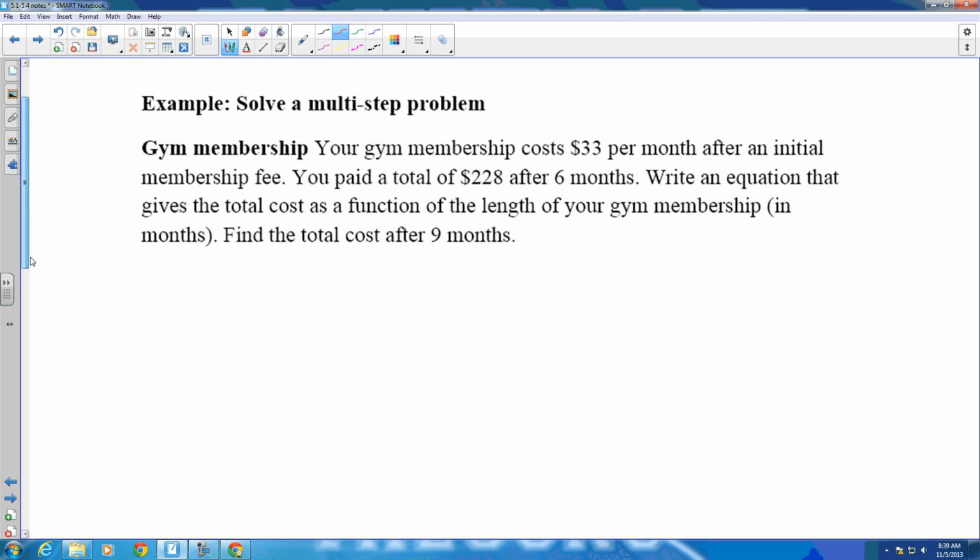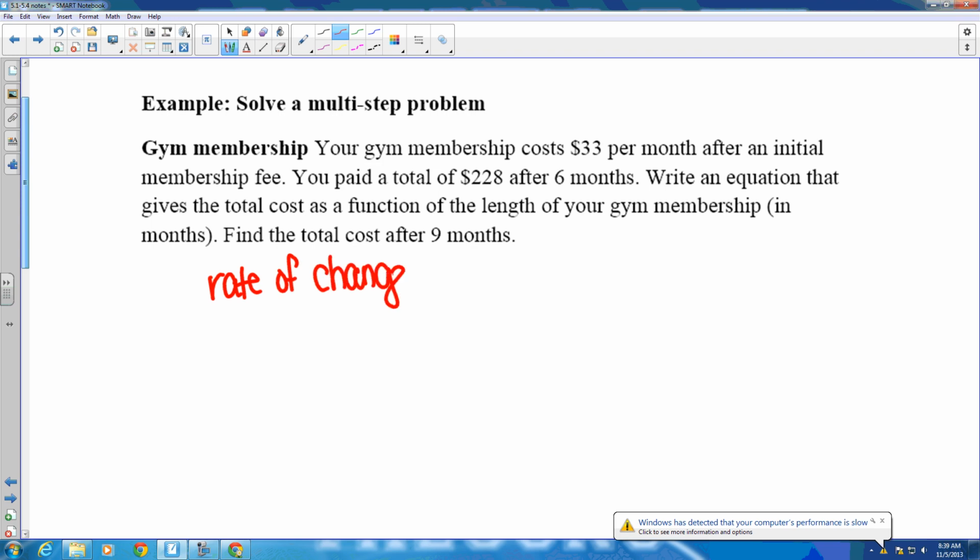Okay, so we have a gym membership and it costs $33 a month after an initial membership fee. You pay $228 after 6 months. Write an equation that gives the total cost as a function of the length of your gym membership in months and find the total cost after 9 months. Okay, so your rate of change, which is always our m, in this case is our monthly cost, which is $33 a month.